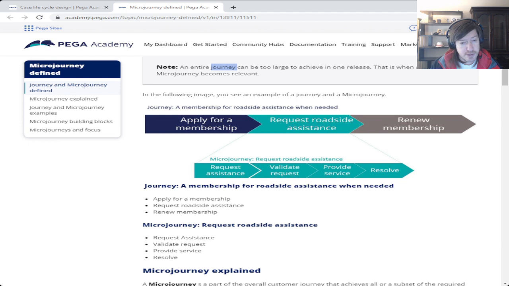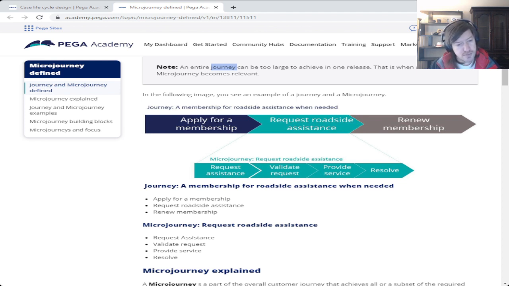In the following image, you see an example of a journey and a microjourney. A journey: a membership for roadside assistance when needed. Apply for a membership, request roadside assistance, renew membership. A microjourney: request roadside assistance as request assistance, validate request, provide service, and resolve.